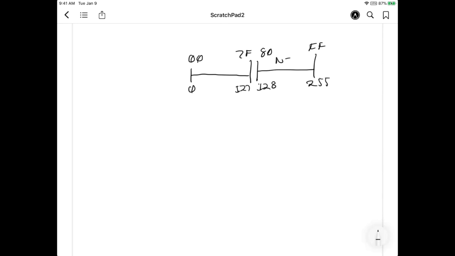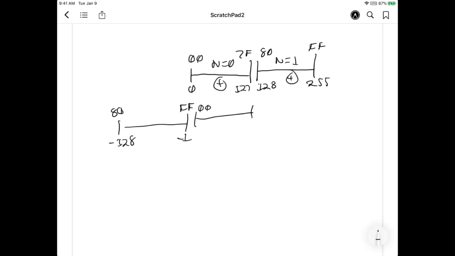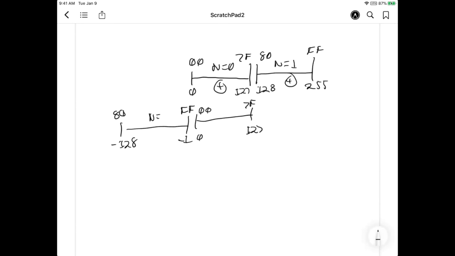And as we saw, N equals 0 here, these are positive, and N equals 1 here, these are positive too. But with the signed numbers, half of them are positive and half of them are negative. So this is minus 128 to minus 1, and this is 00 to 7F, which is 0 to 127. Again, N is 1, negative; N is 0, positive.